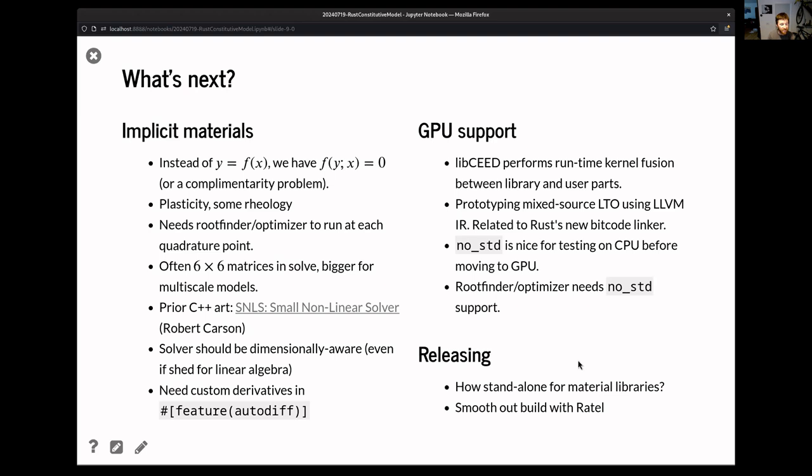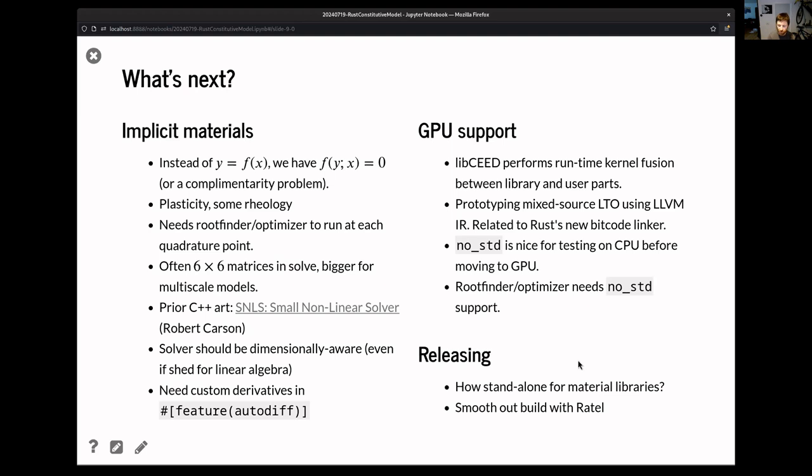We would like that to be dimensionally aware because there can be lots of tricks to using those solvers well to generate good initial guesses. One of the things that is not supported yet is the custom derivatives for the autodiff feature, because you want to be able to differentiate through the solution of that solver.